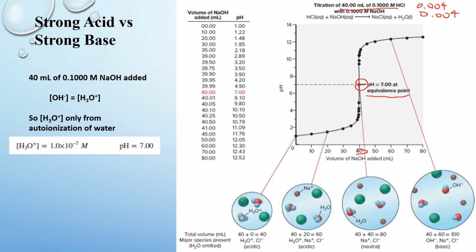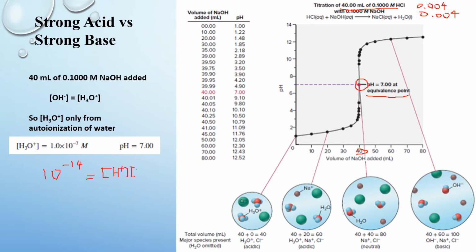So in this situation, the proton concentration will only depend on the autoionization of water. At room temperature, Kw is equal to 10 to the negative 14, which is equal to the proton concentration times the hydroxide concentration.